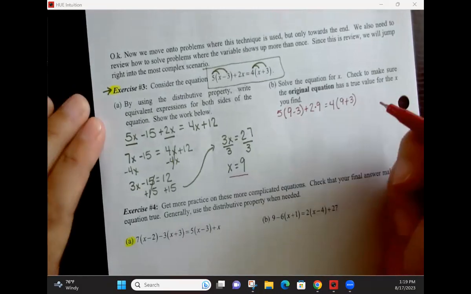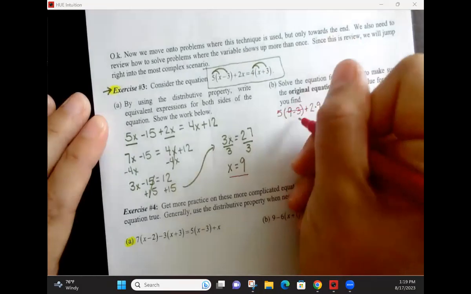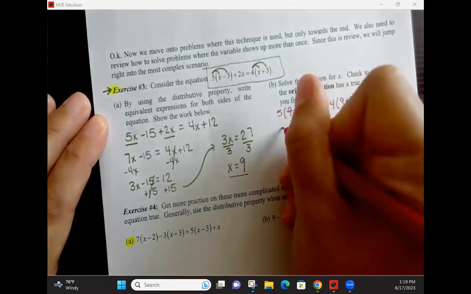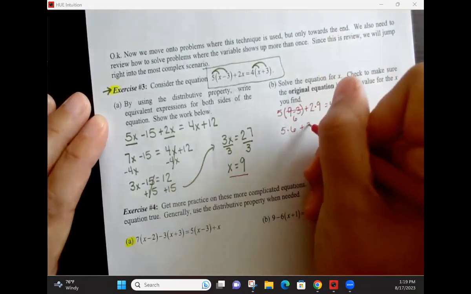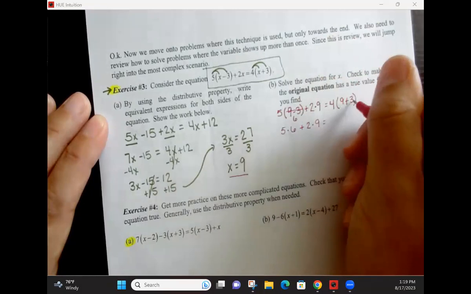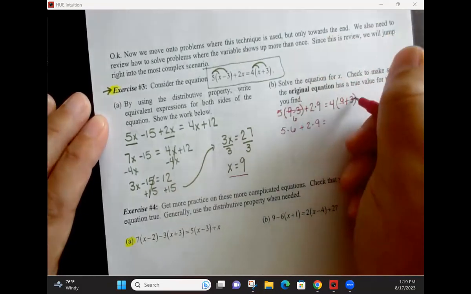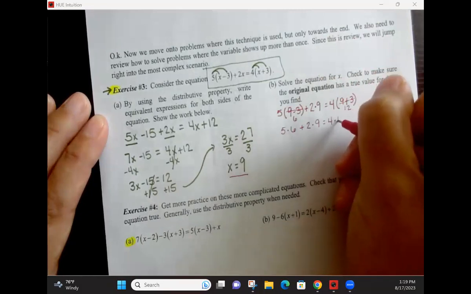So order of operations as I'm simplifying, inside parentheses first. 9 minus 3 is 6. So I've got 5 times 6 plus 2 times 9. And then on the other side, inside parentheses, I would get 12. So I've got 4 times 12 over there.